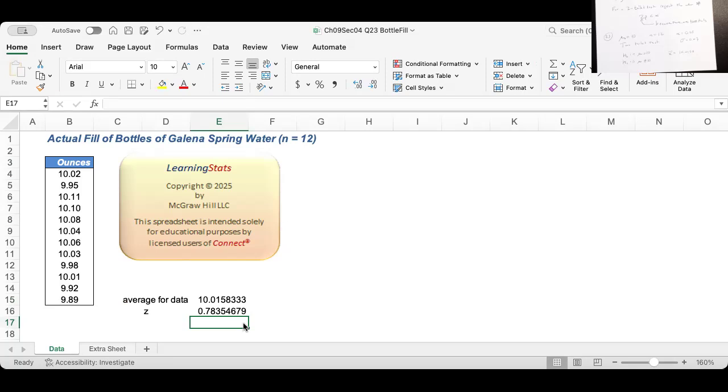Okay. Before I go any further, it's a two-tailed test. We have two options on how to do this. We can do the Z critical, or we can do the p-value. We're going to do both. How do I get the Z critical?